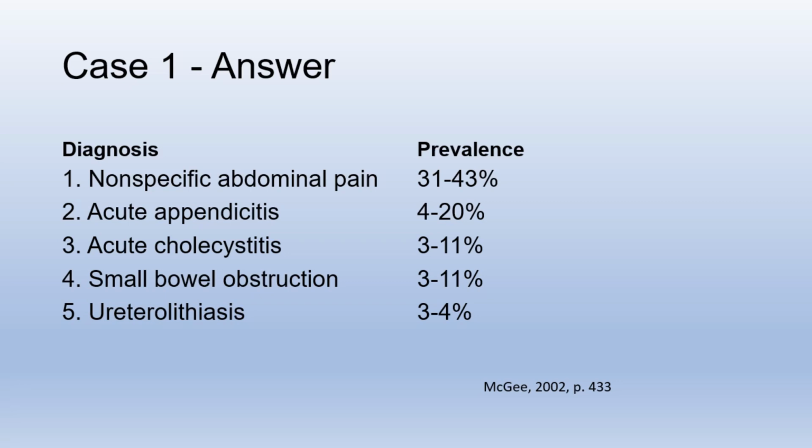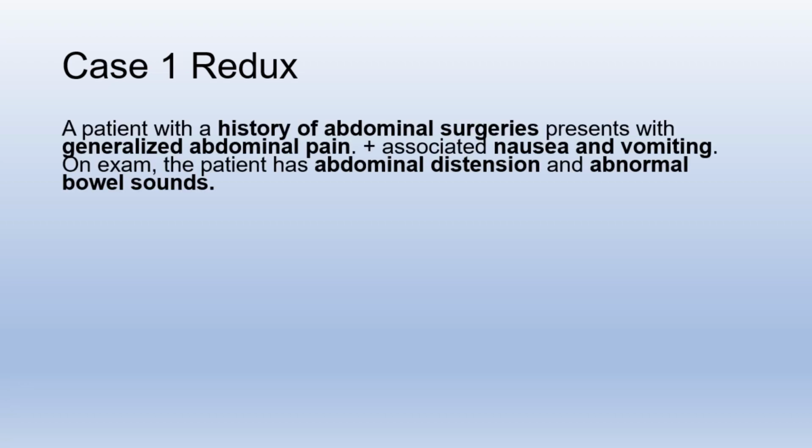And number two, for the purpose of our discussion, small bowel obstruction has, in general, low prevalence compared to the other disease processes. So let's try this case again, pretending that the patient is being evaluated not just by an ultrasonographer or a radiologist, but a real live clinician who obtains the following history.